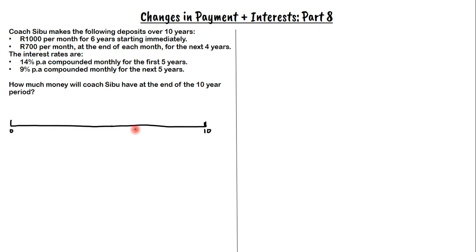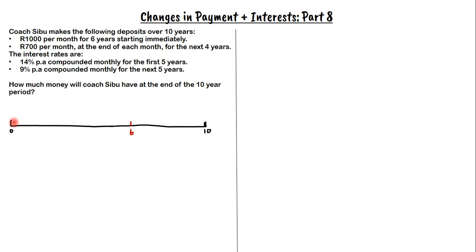Now, I'm going to take everything that we're given here and put it in our timeline. The instruction says that Coach Bull was making a deposit starting immediately, and for the first 6 years he was depositing 1,000 Rand. So I'll assume that this is year 5, and then I'll put in here year 6.